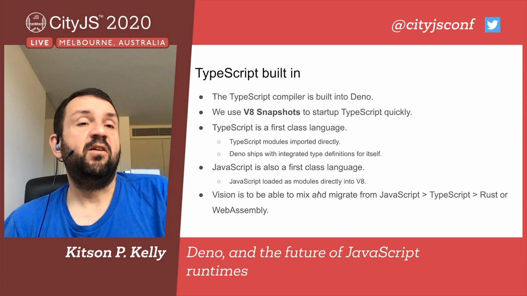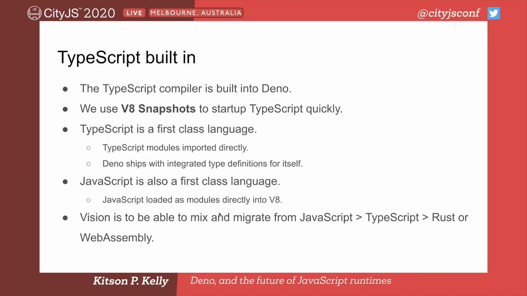So really, the longer-term vision is that we see this natural migration from prototyping something quickly in JavaScript, beginning to make it type safe in TypeScript as appropriate, and then when you run into those really difficult challenges to get hot paths to perform really well in JavaScript and TypeScript, move those to Rust or WebAssembly. Rust, running under WebAssembly, or whatever flavor of higher order language that you would compile down to WebAssembly, to be able to give you that level of high performance there.